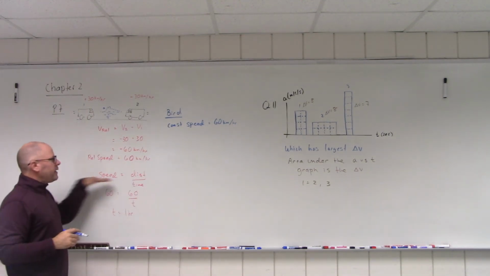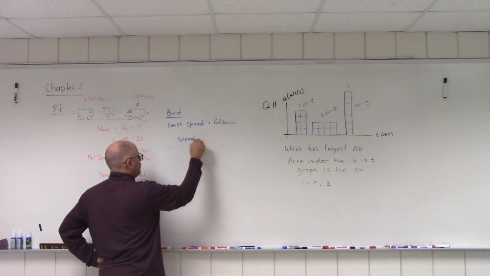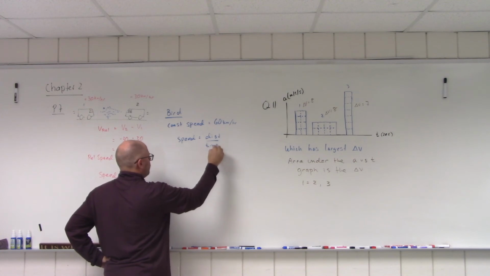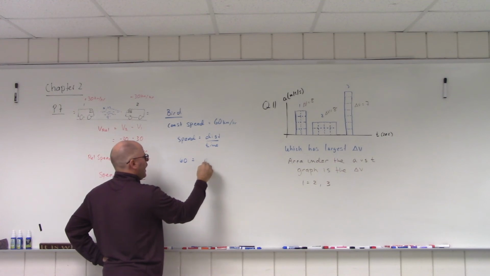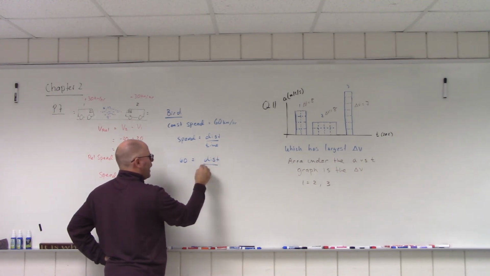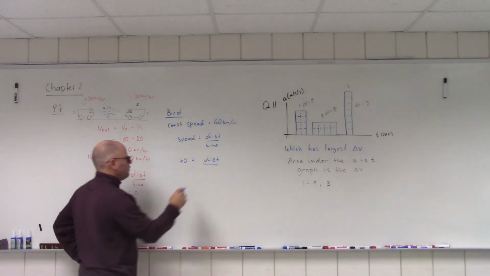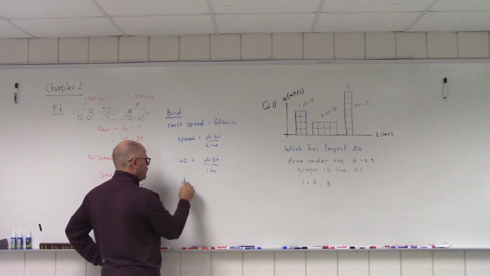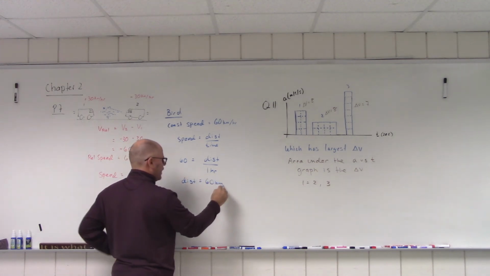Well, if we use our speed definition again, I know his speed is 60. I'm looking for the distance that he travels. I know the time was 1 hour until the trains crash. Therefore, he flies a total of 60 kilometers.